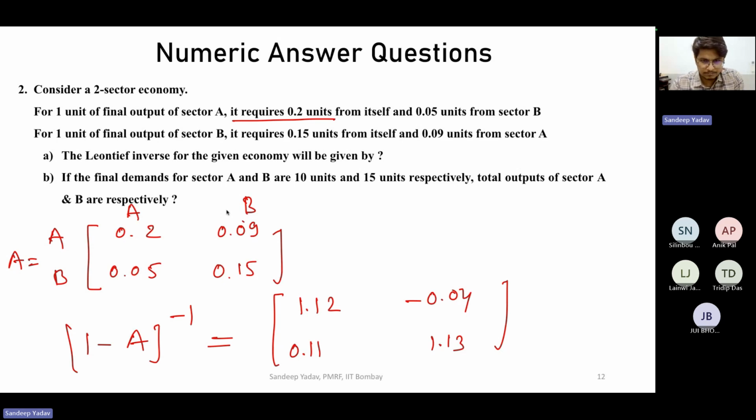I'm not solving this basic mathematics here; if you have any doubt, you can go through the mathematical solution. It's a 2 by 2 matrix, so it is easy to calculate the inverse. So moving ahead, it would be equal to 1.26 into 0.07, 0.13 into 1.18.